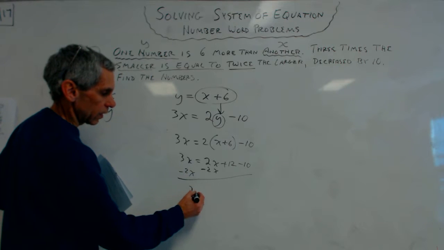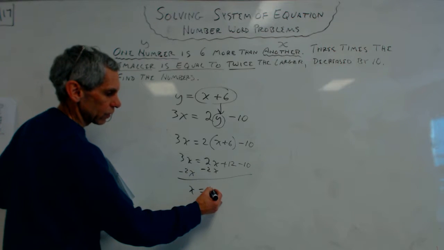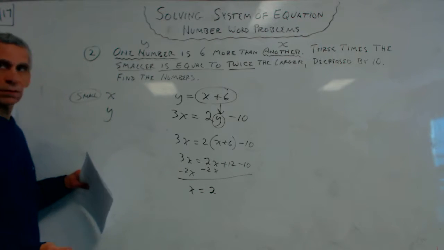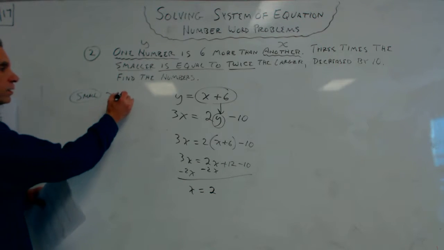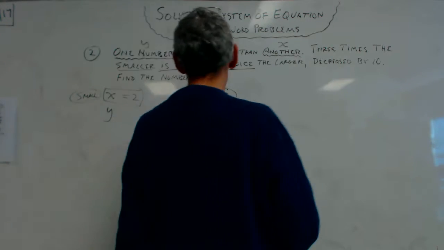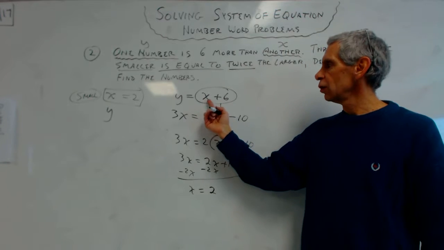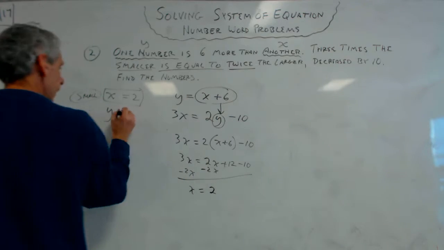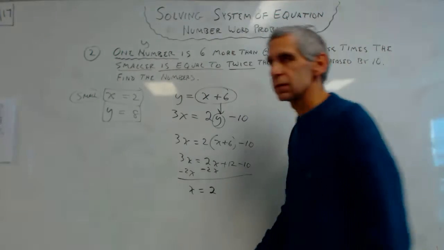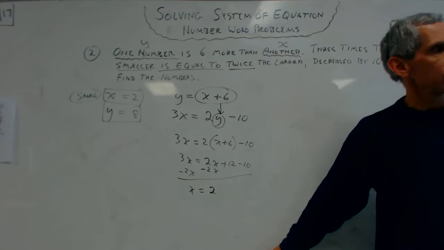And then that gives me x is equal to 2, right? 12 minus 10 is 2. Oh wait, x is equal to 2, right? Well, what's y equal to? I bring it up here. 2 plus 6 is 8. So y is equal to 8. Pretty straightforward. All right, see how easy they are with systems of equations? Really, really simple.